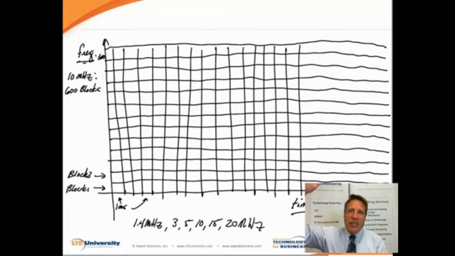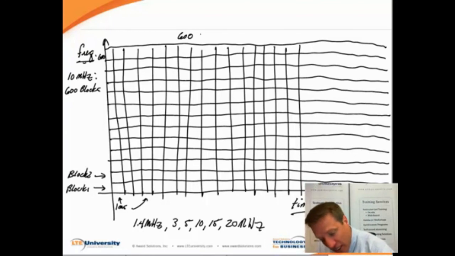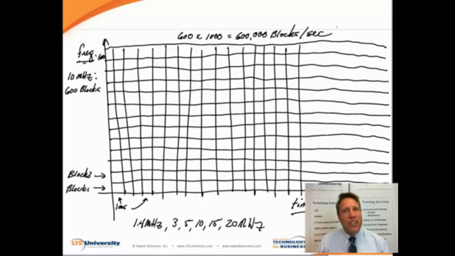So I've got 600 blocks times 1,000 of these every second. That gives me 600,000 blocks that I can, these are resources that I can schedule every second. So this is the view of the world from the eNode B.